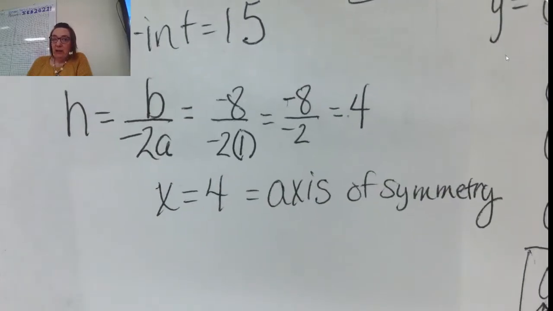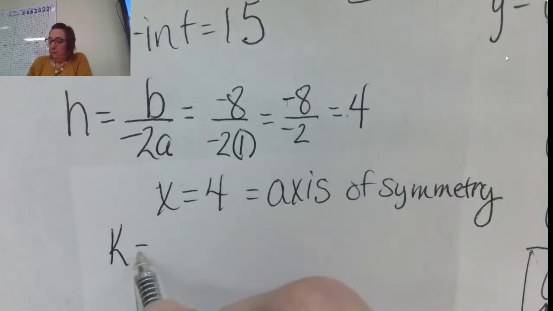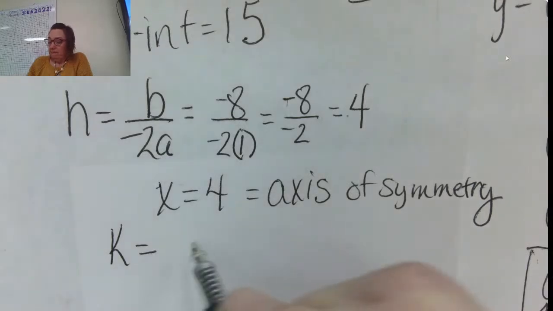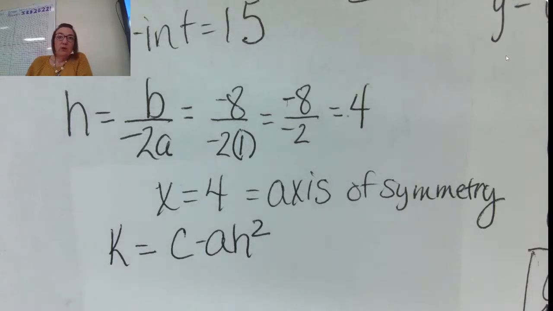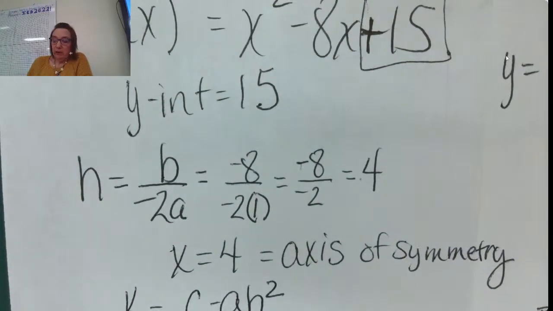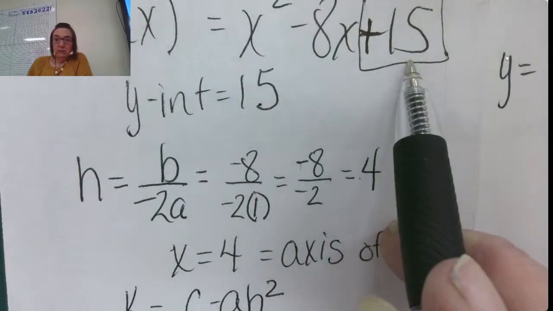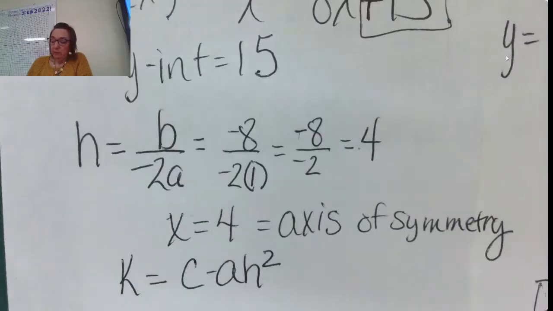And to find our k, we have to do c minus ah squared. C being, in our equation, what is our c value? 15, right?